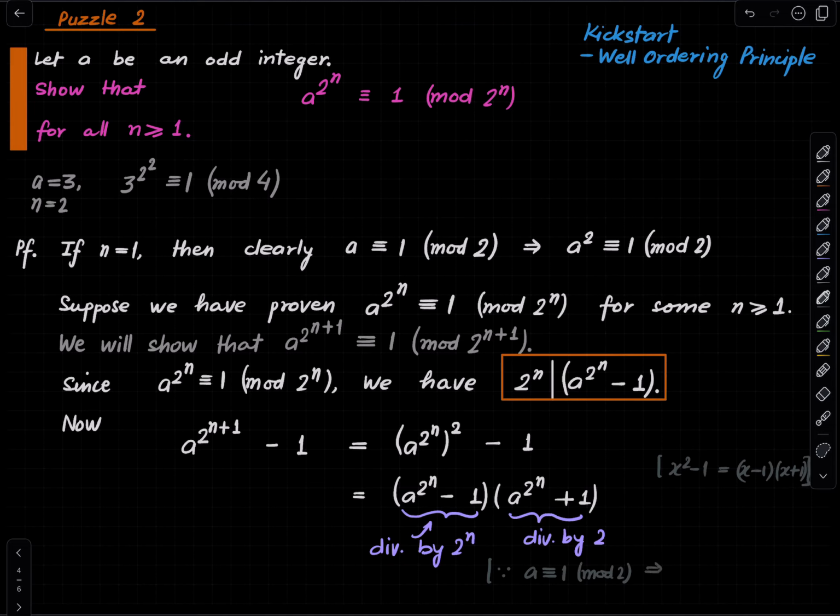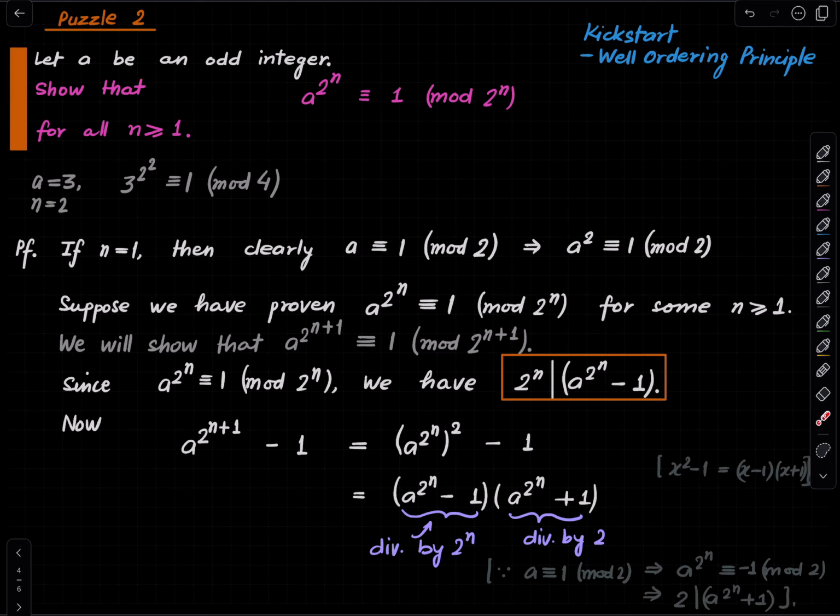This implies a to the power 2 to the power n is congruent to 1 mod 2. But 1 is same as minus 1 mod 2. Right? Modulo 2, 1 is same as minus 1. Which implies 2 divides a to the power 2 to the power n plus 1.